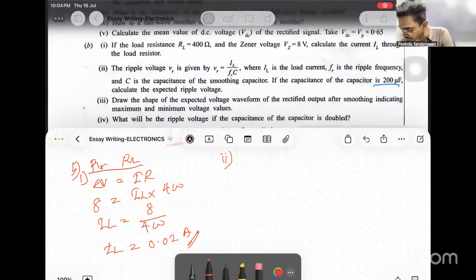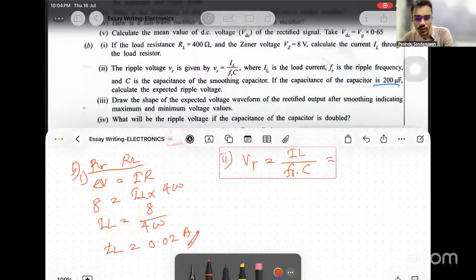Then all other values are known. Then VR equals IL over FRC. IL is 0.02 from here. And FR, we found the frequency as 100. And capacitance is given as 200, that is in micro, 10 to the power minus 6.